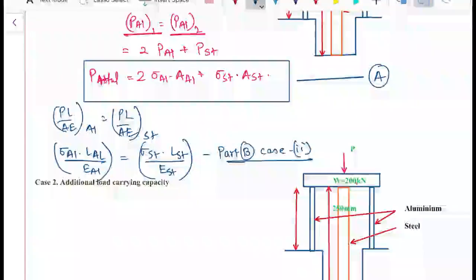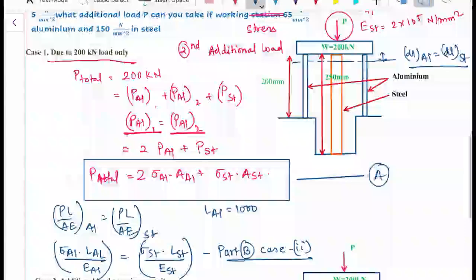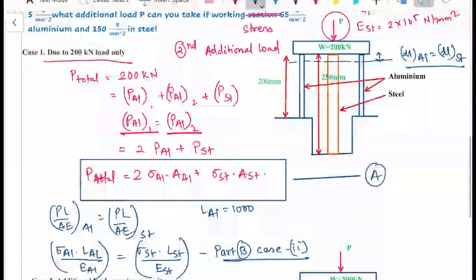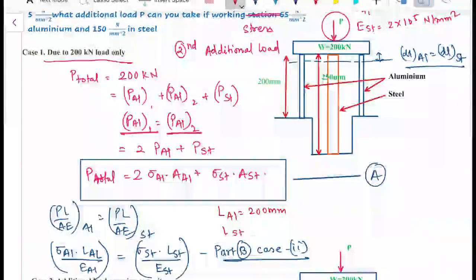Here, the length of aluminum is equal to 200 mm, whereas the length of steel is equal to 250 mm.